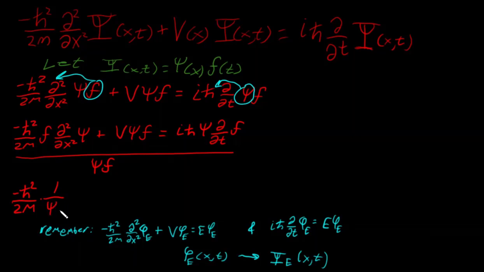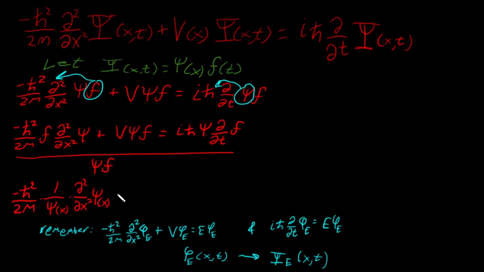And actually here I'm going to write 1 over psi of x times d squared by dx squared of psi of x. Right, in this next term, both psi and f can be canceled out.